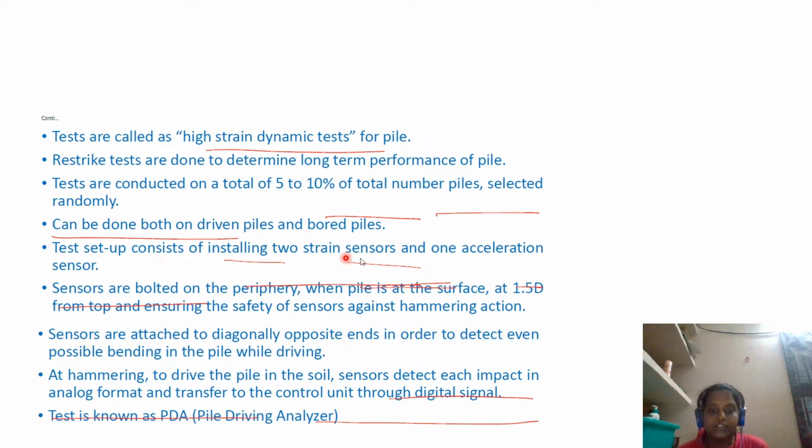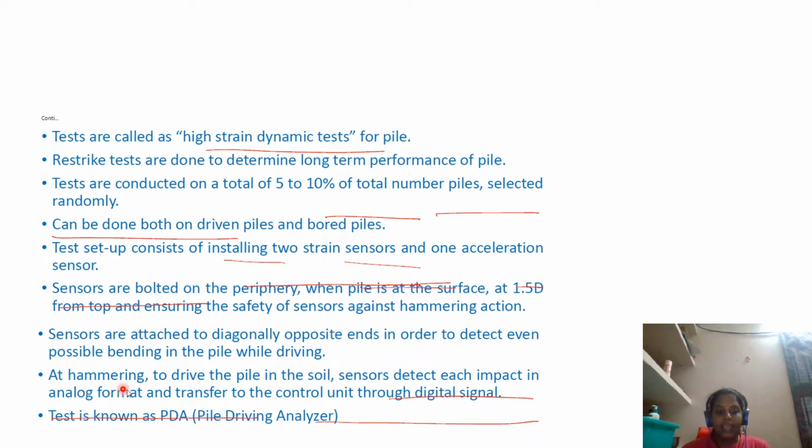So we have two strain sensors and one acceleration sensor fitted on the pile. The sensors are bolted on the periphery when the pile is at surface. The sensors should lie at 1.5 times the diameter D from the top, ensuring the safety of the sensors against the hammering action.